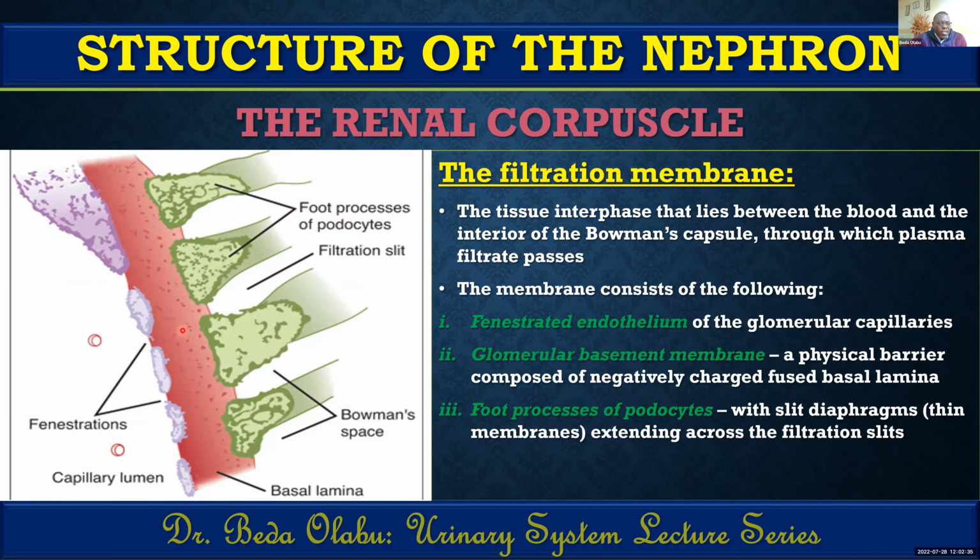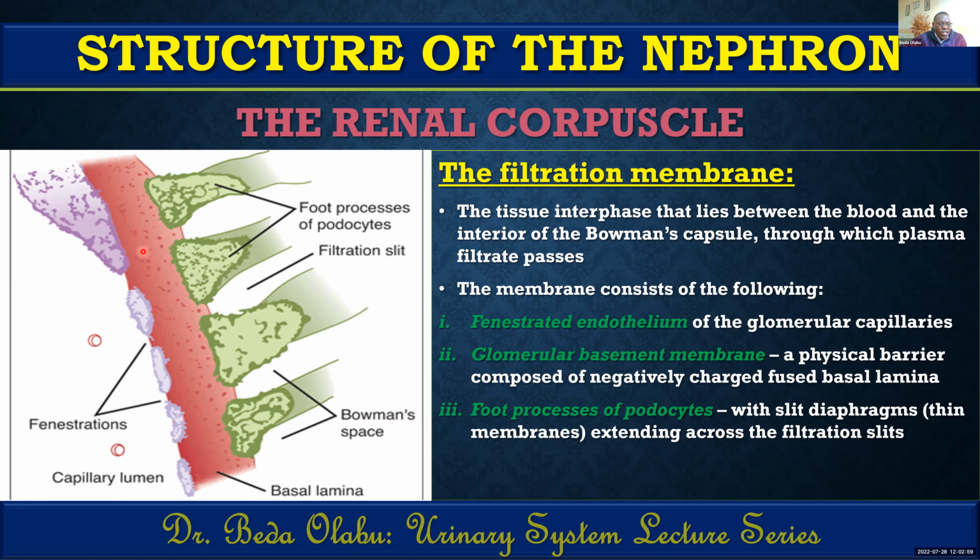Look at it this way from this image. So consider this to be the inside of the capillary, with the capillary endothelium being this one here. So these are the gaps, the fenestra, that one. So once the filtrate moves from the bloodstream, plasma moves through there. It will pass through this region.